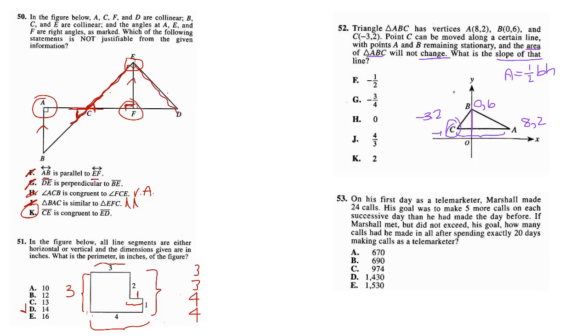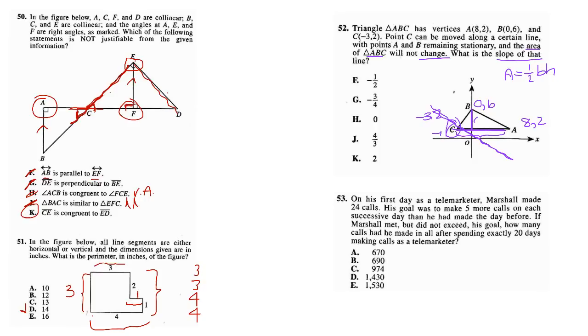So let's see, I don't want the height of the triangle to change, or the area to change. The height might change and the base can change, but the area. So it looks like here, if I extend a line through AC, I wish I would make that a little bit straighter.